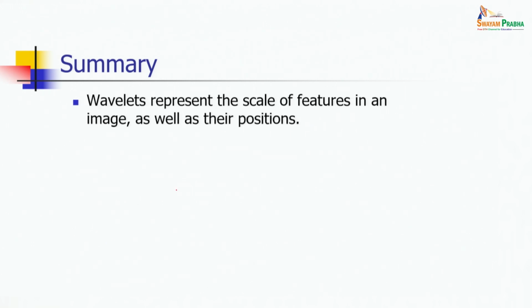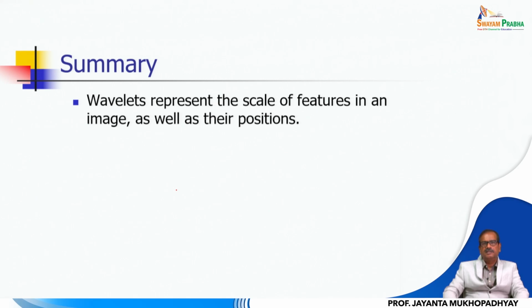We have also seen some of these operations. Regarding wavelets, there are certain special mentions here: wavelets provide a somewhat redundant representation, but it is very useful for processing for various reasons. One is that it represents the scales of features in an image as well as their positions.